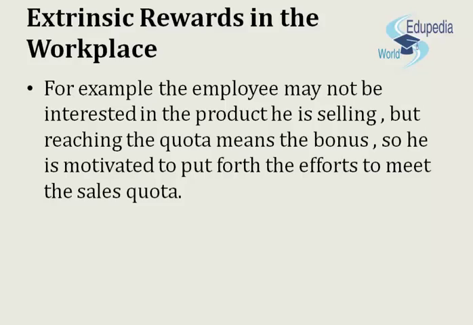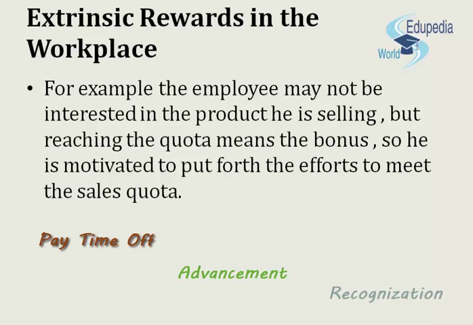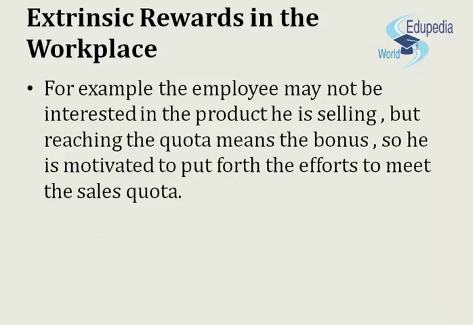These material rewards can be motivating to employees because pay, time off, advancement, and recognition are important to most workers. Just imagine how demotivating it would be to be underpaid, overworked, and unappreciated, and you can quickly see how important extrinsic rewards are to organizational success.